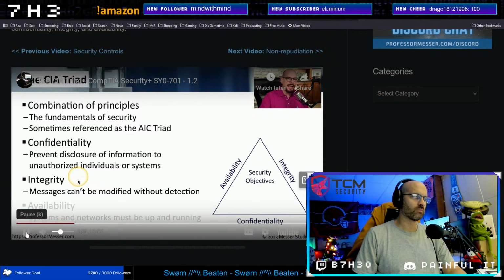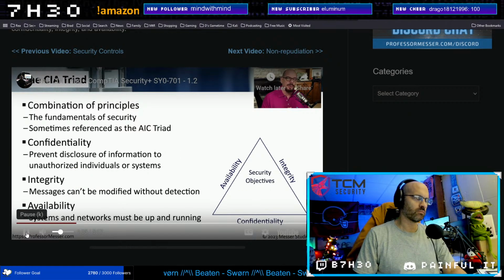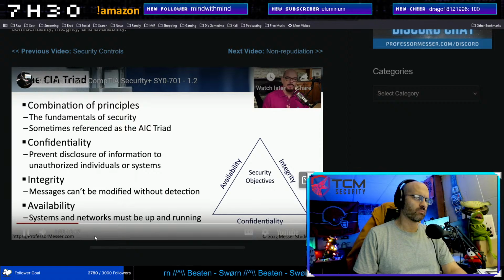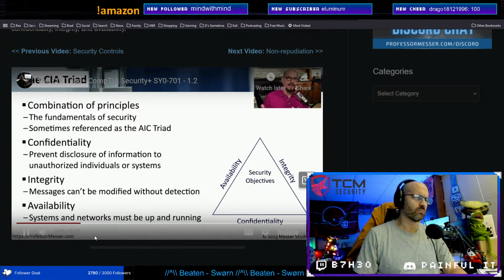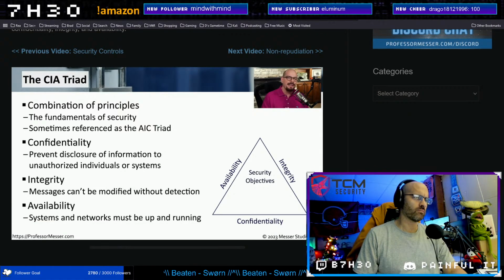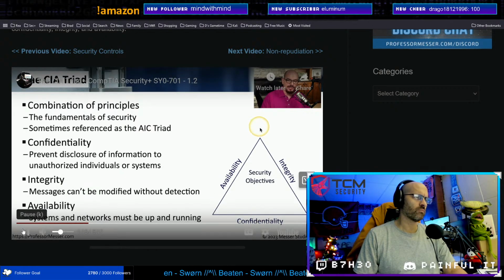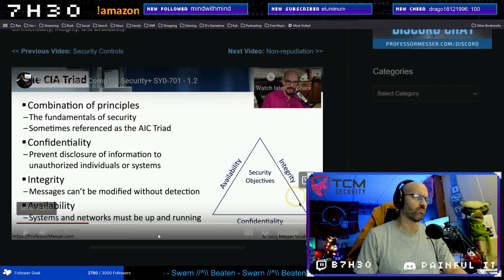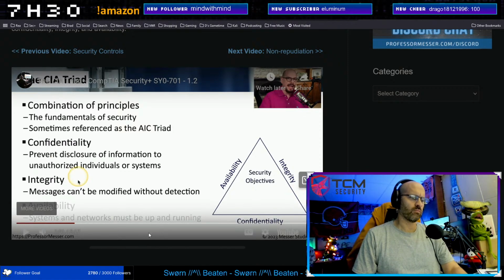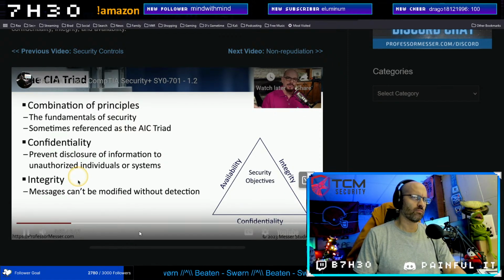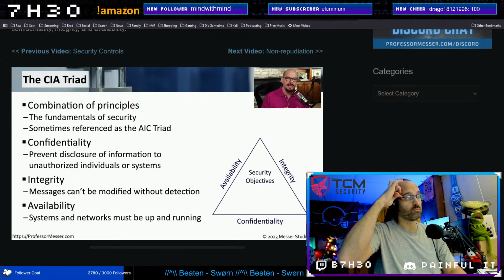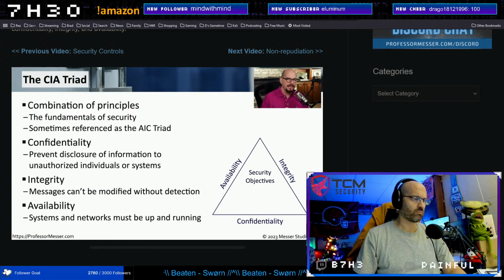The A in the CIA triad refers to availability. Obviously, we want to be sure that all of our systems remain up and running at all times, even if we're implementing some type of IT security. You'll often see the triad written as a triangle, receiving exactly what was sent from the origination. And lastly, the A in the CIA triad refers to availability.